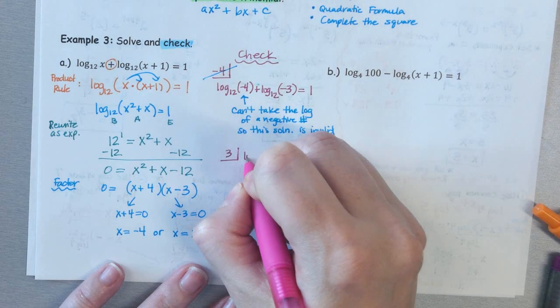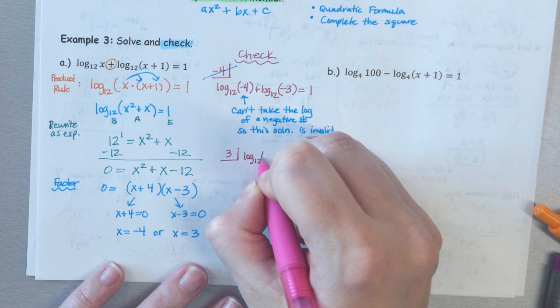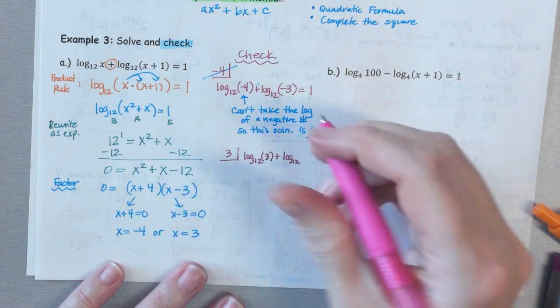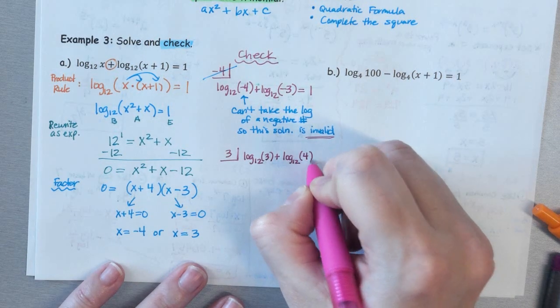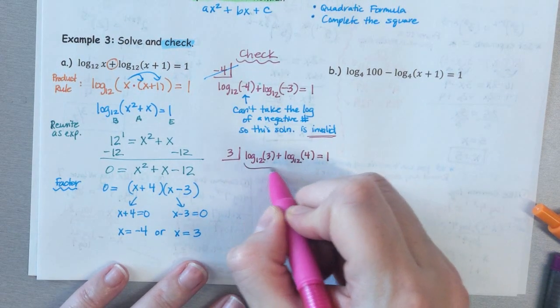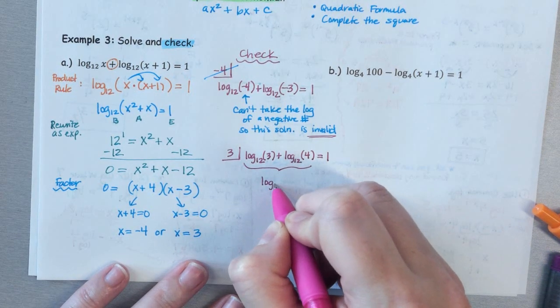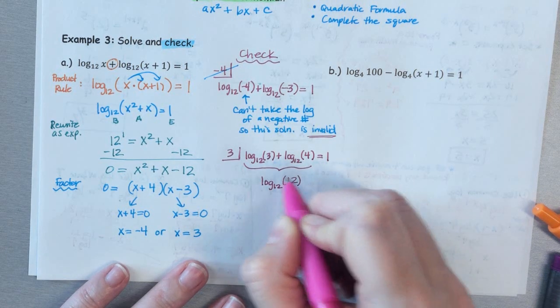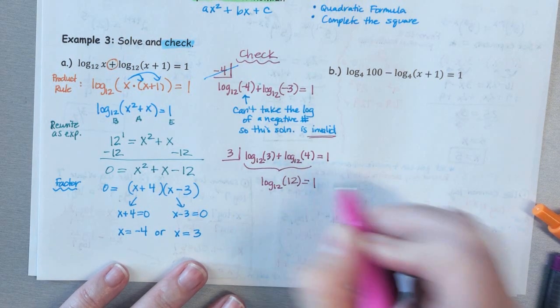So for this one, you have log base 12 of 3 plus log base 12 of, what's 3 plus 1 going to be? 4. So I'm just going to write that. And then when you are checking this, you can use your log rules. So you can rewrite this as the log base 12 of 12. 3 times 4 is 12.